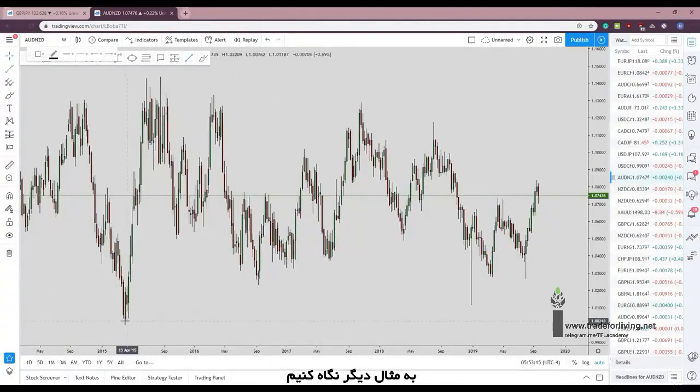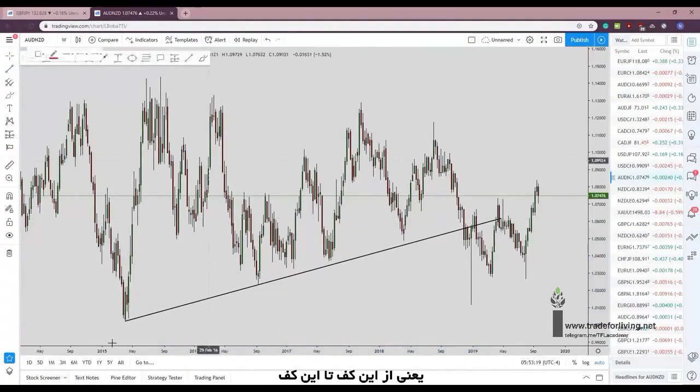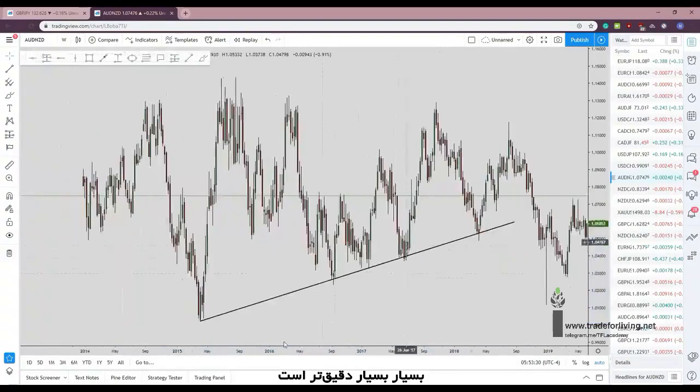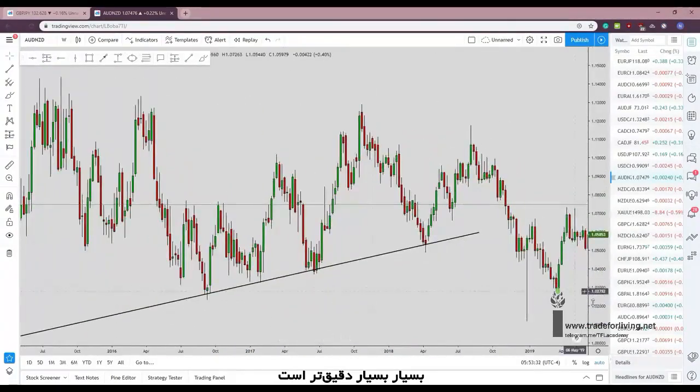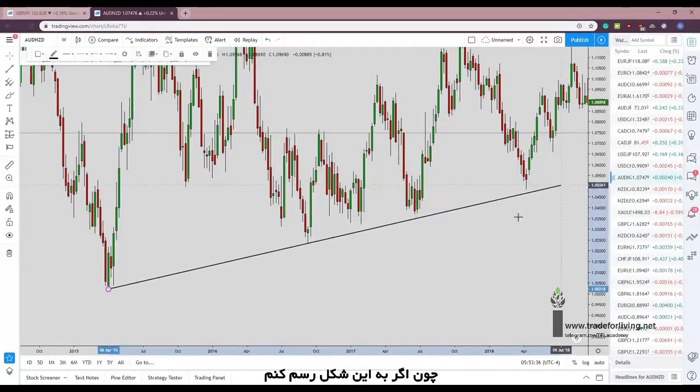Let's look at another example. If you take your trend line this way, so basically from this low to this low, you don't have the maximum confluence you can get, and you will not be able to identify many levels. But if you take it in this way, I am more accurate, because if I take it the first way, I am basically only touching this candle and this candle.